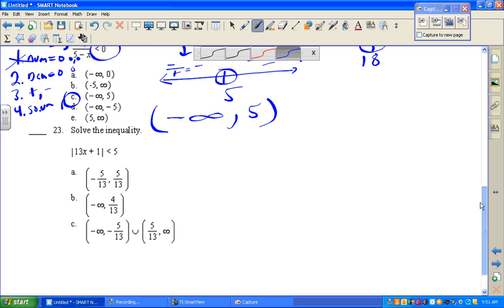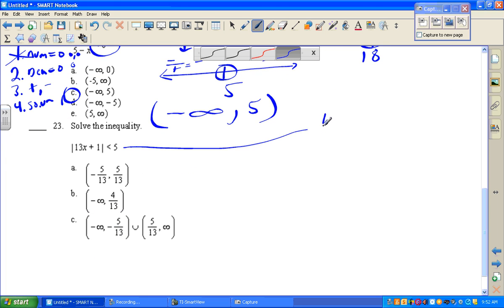Number 23. How do you solve this one? Is this rule 1 or is this rule 2? Let's see who's up. Oh, Larissa. Rule 1 or rule 2? So you did rule 1.